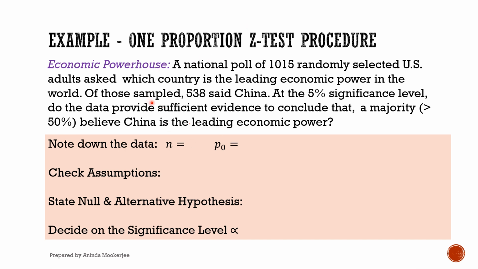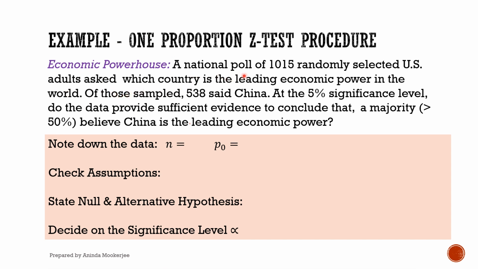This is an application-based example that we are going to work through in our worksheet. But let's just introduce the example here and discuss some basic facts, discuss the data in this as part of this lecture. The problem is on economic powerhouse.